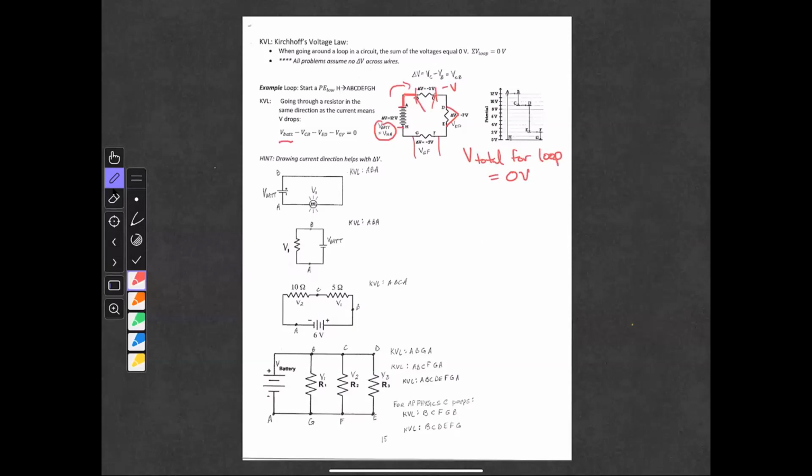That is to say, the total energy that the battery provides, the potential energy because of the electric field that it sets up, all of that energy has to go somewhere. So all of these drops, which are negative, take away any of the positive voltage coming from the battery.